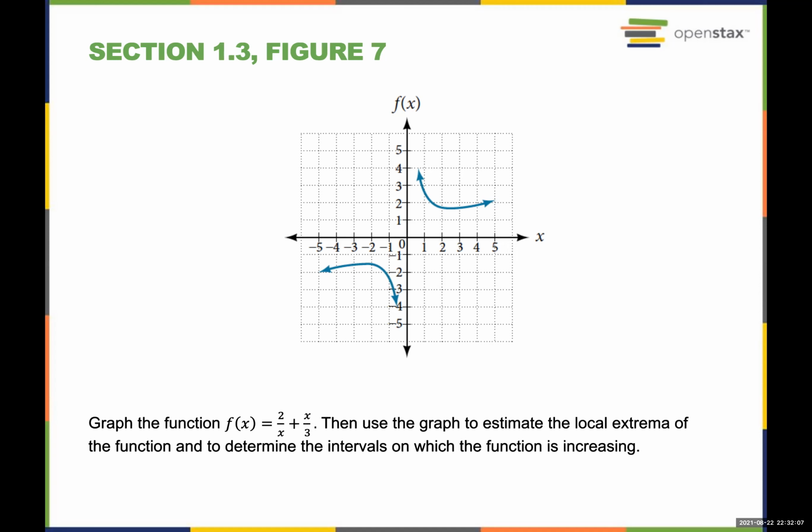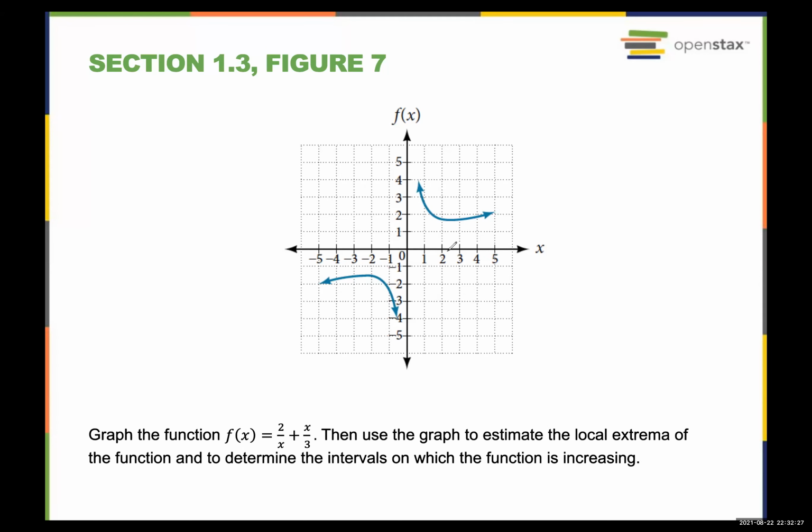As you can see, there is a low point between 2 and 3. And that is a mirror image here, which is a high point, or we call it a local maximum here. And that is somewhere between -3 and 2, between this 2 and 3.